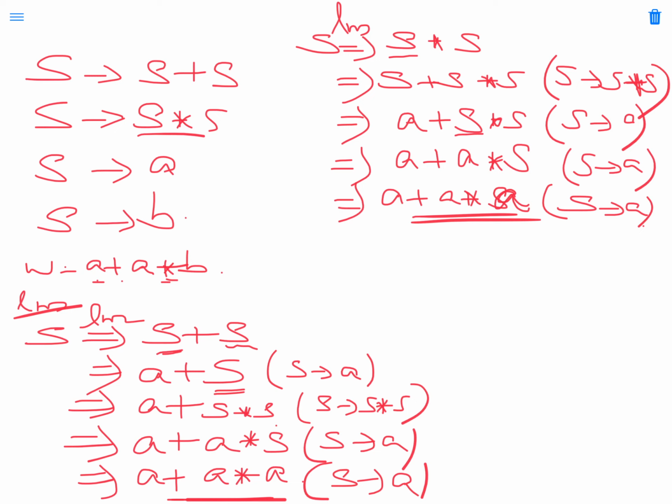If there exists more than one leftmost derivation, more than one parse tree, or more than one rightmost derivation, we can say that it is an ambiguous grammar. Any one of these three things being satisfied means you can say that the grammar is ambiguous. You can just check with the parse tree also, that is the derivation tree.